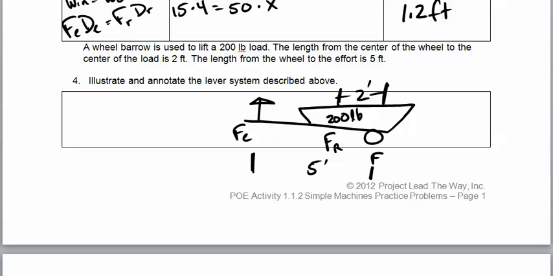Okay, on here, I went ahead and made a picture of a wheelbarrow. Beautiful illustration, as you can see here. Notice I used our FRE concept, the fulcrum, the resistance, and the effort. I've got the 200 pounds, and then right here I've got the 200 pounds is 2 foot from the fulcrum, and then the effort is 5 feet from the fulcrum.